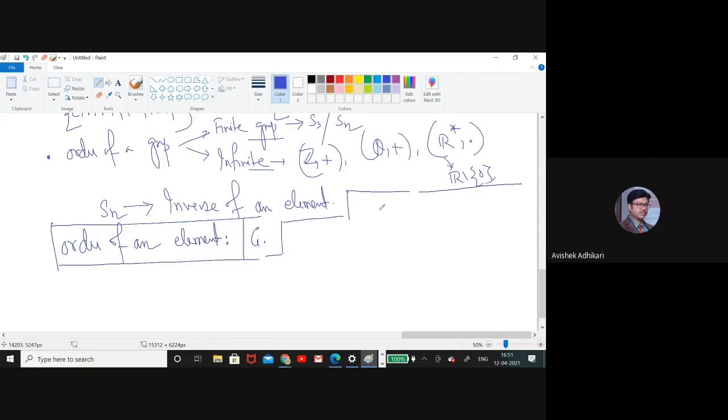So the question is very simple. You know rational numbers. I am giving you one interval, half and 2 by 3. Find the rational number in this interval having the smallest denominator.